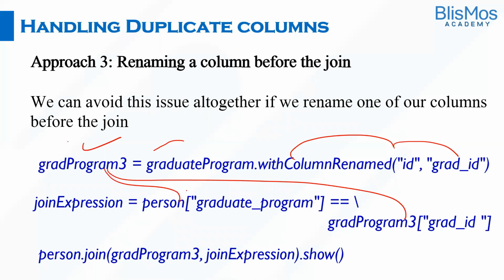So, before you even join the data frames, take one of the data frames, rename the duplicate column name, and use the new data frame with the other data frame to remove the duplicates.